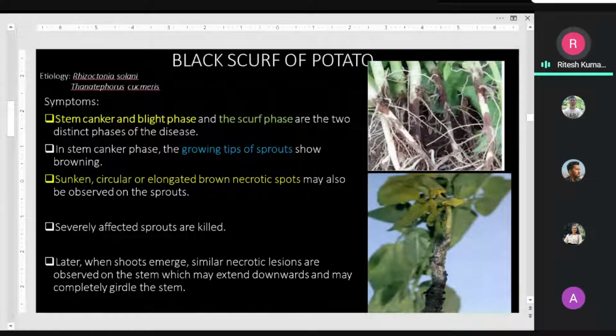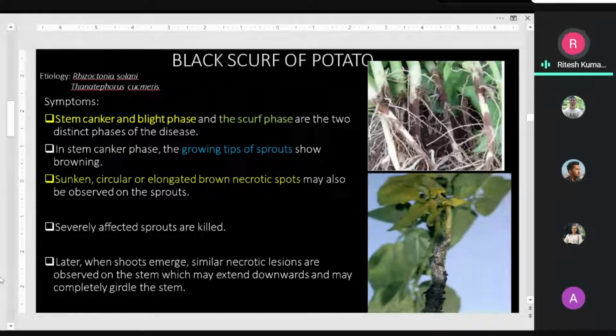So the next important disease is black scurf of potato. Generally there are different phases of this disease. The stem canker and blight phase are more destructive, but these phases are rarely seen. Generally, the black scurf phase is seen.